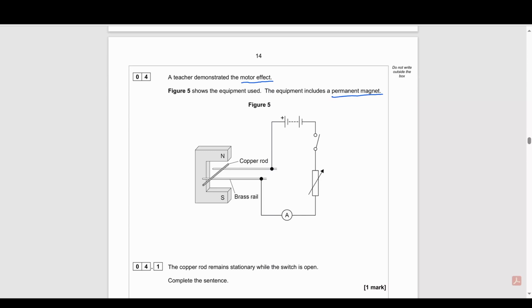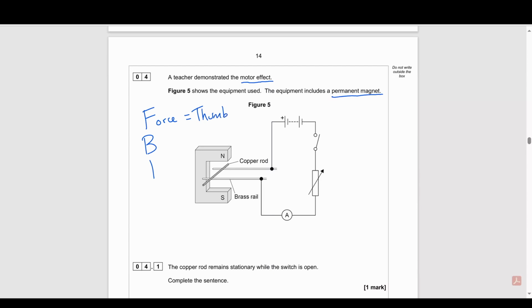So for our use of Fleming's left-hand rule, we need to remember what each of our fingers represent. So it's F, B, I. F is the force, and that's represented by our thumb.